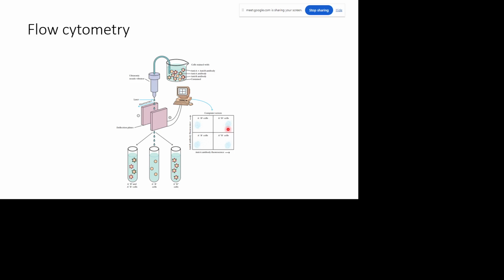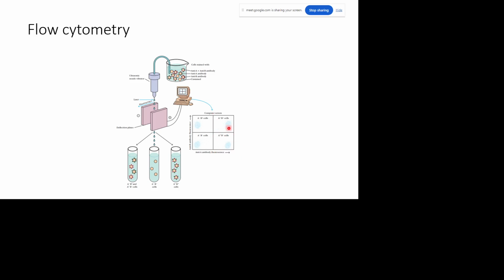And the cells which are producing protein A but not protein B will be bound with only the anti-A antibody, right? So if the anti-A antibody is conjugated with red fluorescence, then in the red channel you will get these cells, right?